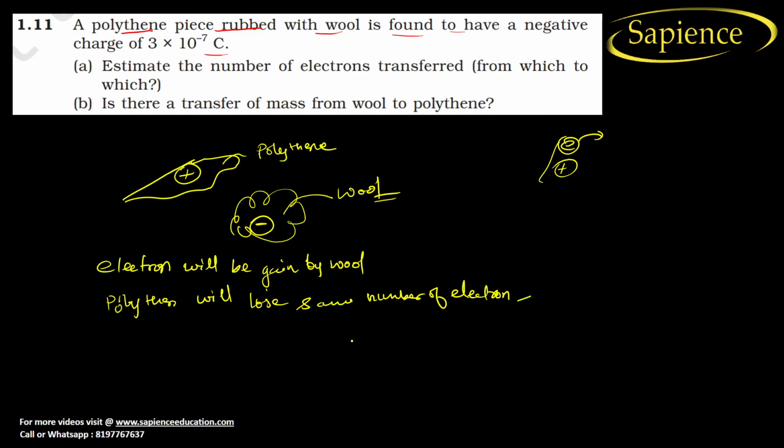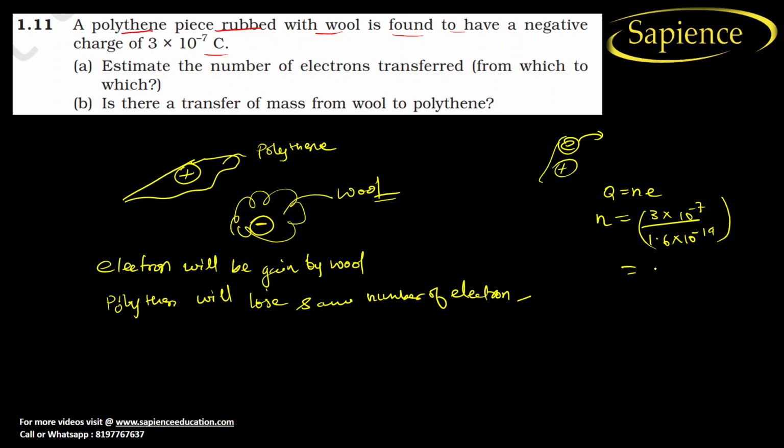Estimate the number of electrons transferred. So we know that Q is equal to Ne. So the number of electrons is equal to the charge they have given, 3 into 10 to the power minus 7, divided by 1.6 into 10 to the power minus 19. So how much will the number of electrons be? Let us calculate it.